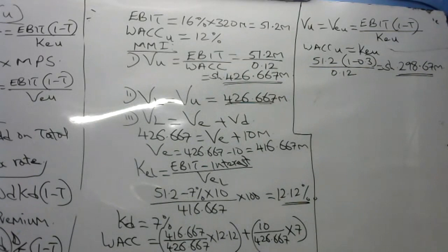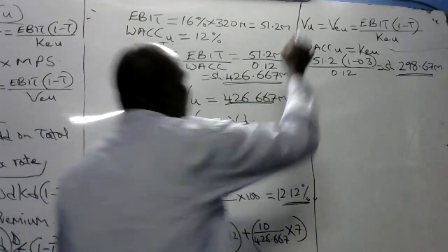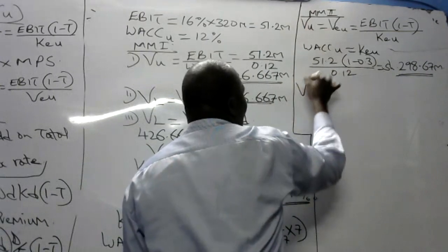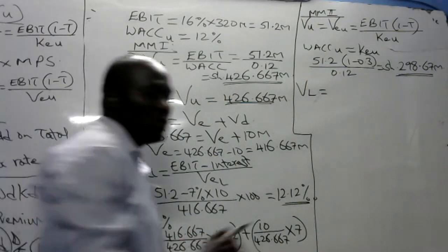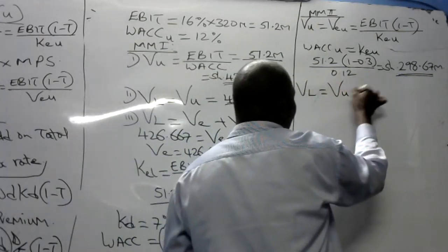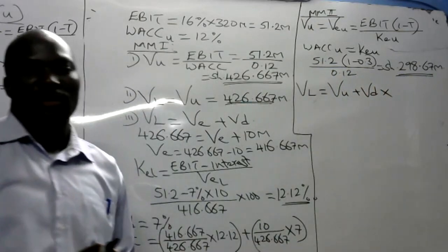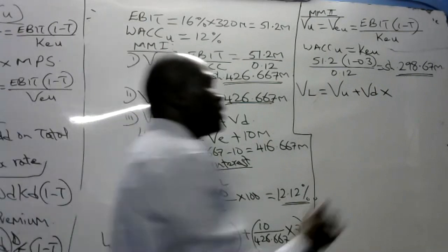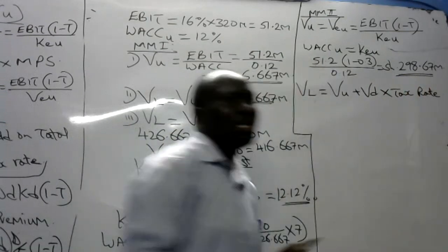Then for another 2 marks, the current value of the farm if it uses the debt level of 7% shillings 10 million. Remember, we are working in MM what? MM2. So how do we get the value of a levered farm? It equals the value of unlevered plus the tax shield, which is debt times tax rate.